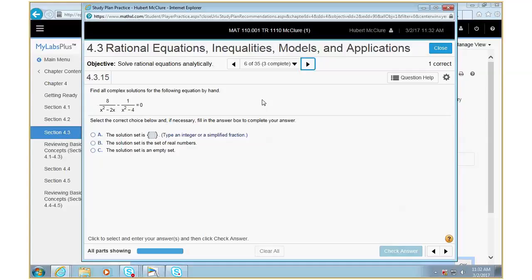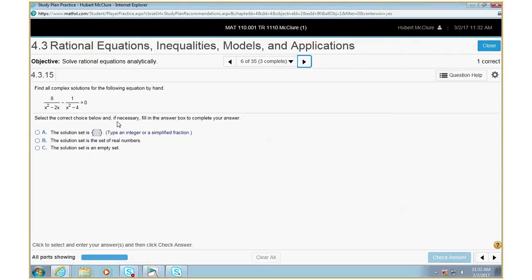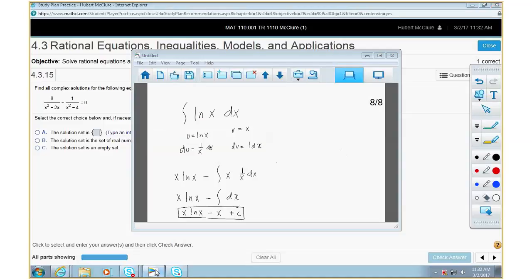And one like 71 in the book is one that, I don't know, it seems hard to me. 71 in the book. I'll have to look for it. 4.3. Yeah, I got there.